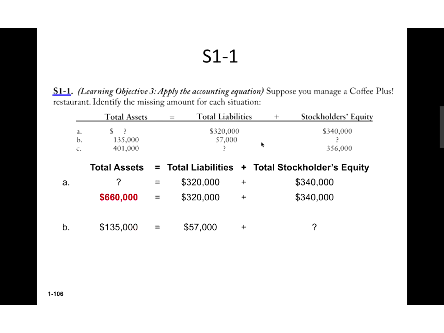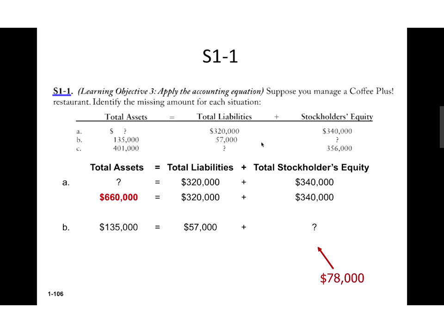Okay, situation B now. Situation B, we have total assets, 135,000. We have total liabilities, 57,000. So what's stockholders' equity? We will take the total assets, subtract total liabilities, and we get 78,000. So we're taking our assets minus our liabilities to get the equity.